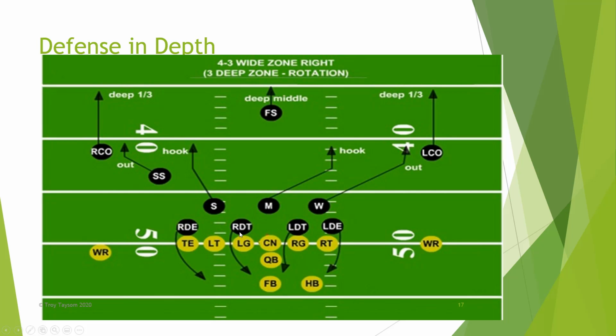But number two, and more granular, is make sure that you keep the play in front of you. So if the ball is given to the fullback or the halfback and they come out here, your job is to move to the side and make sure that they are in front of you and they don't get behind you.